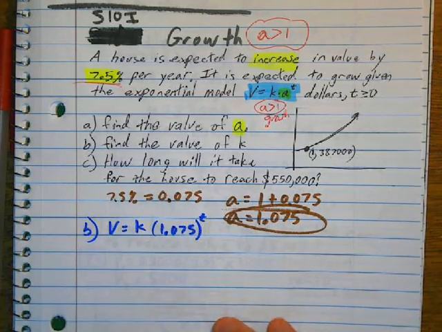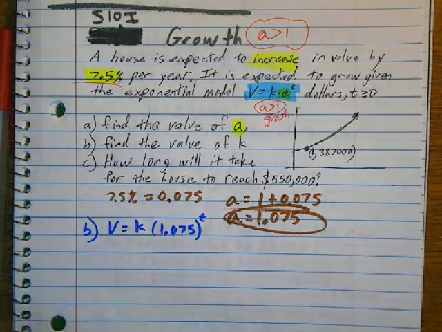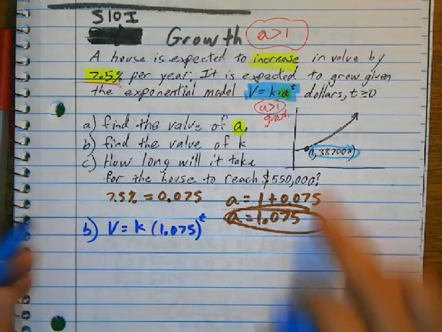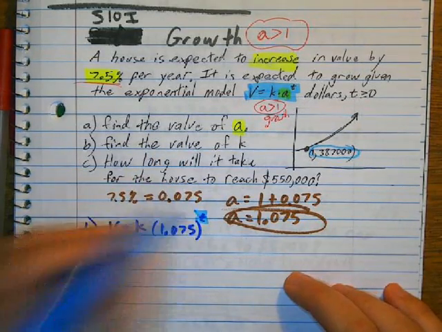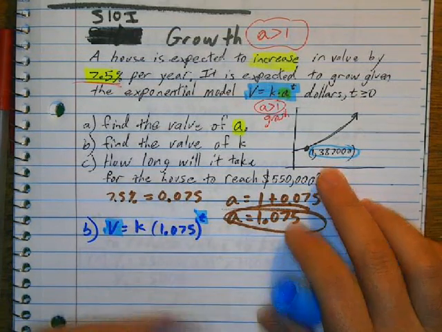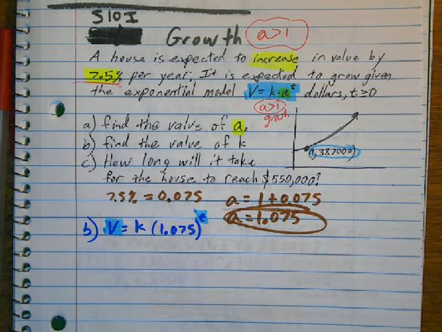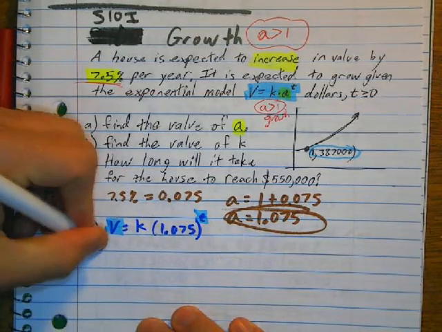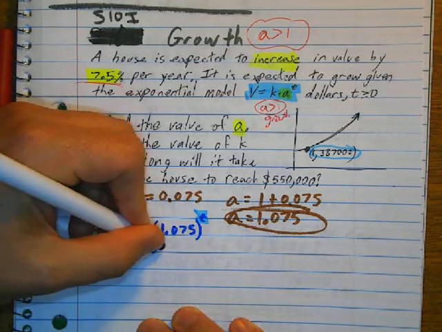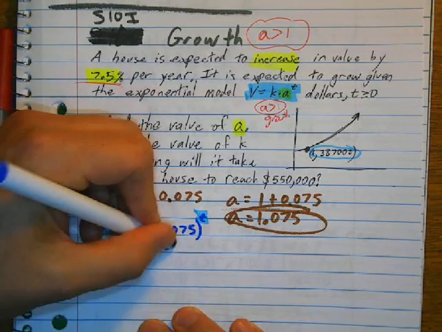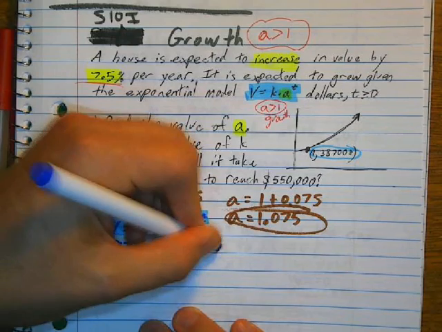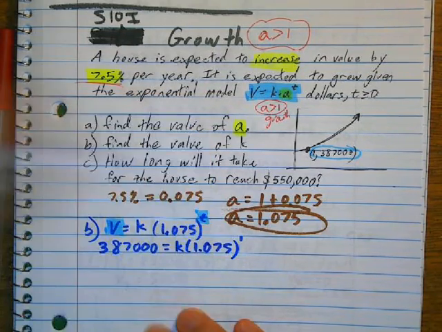And I'm going to use the values that I have here. I'm going to plug in 1 for t, and 387,000 for V, and 1.075, and then 1 for t.